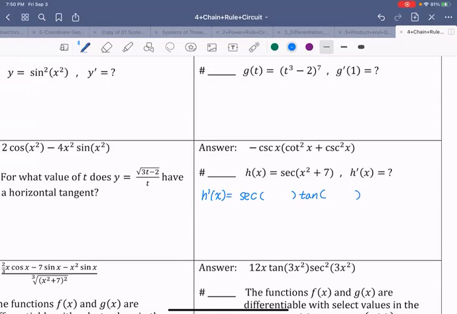We need to take care of the chain rule. Times 2x, because this guy's derivative is 2x. And that guy, copy down. Does this make sense? Yeah. Okay.